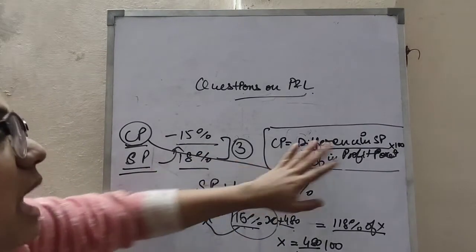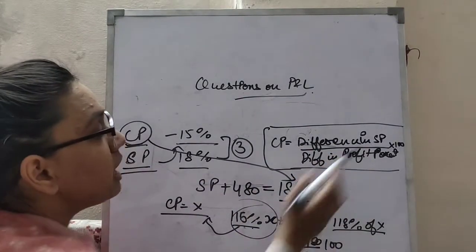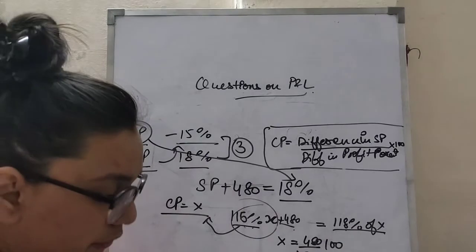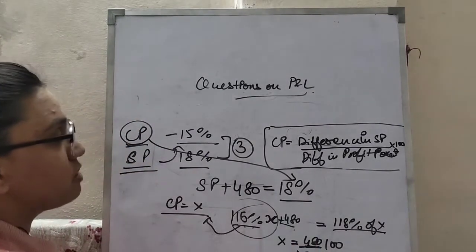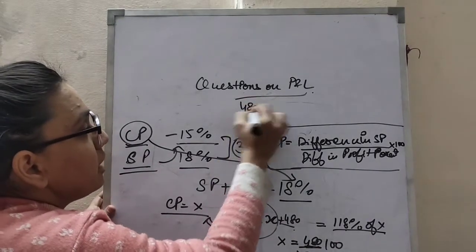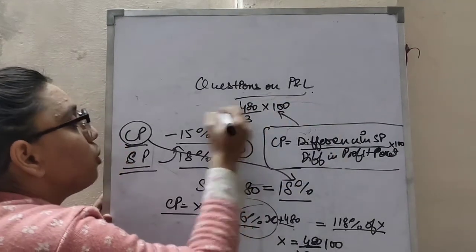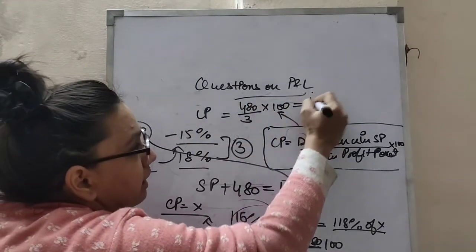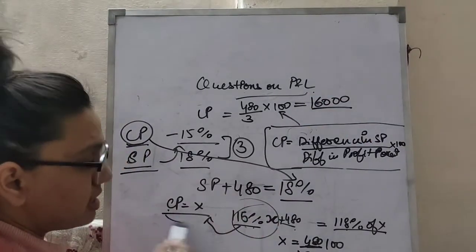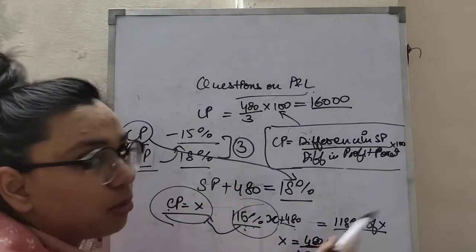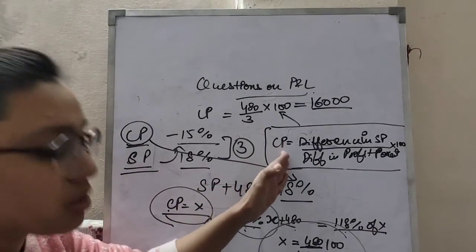But now we will be applying the formula directly. Difference in SP is 480 rupees. Your new SP is at a difference of 480 rupees. So 480 divided by 3 into 100, according to this formula, gives CP directly equal to 16,000. So you need not work with let CP be X and then solve it up. You can directly use this formula and solve this question.